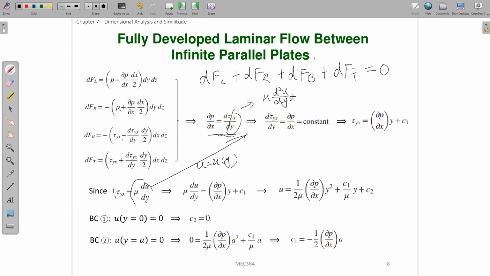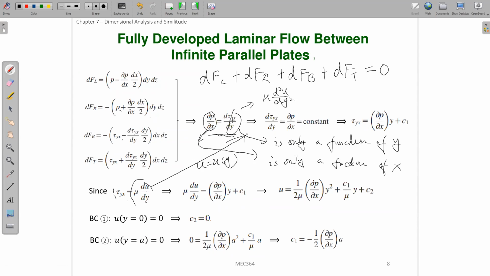And because u is only a function of y, all the result on the right hand side is only a function of y, right? You see that? And then if you take a look at the left hand side, this is partial p, partial x. So this is telling us that this term is only a function of x.